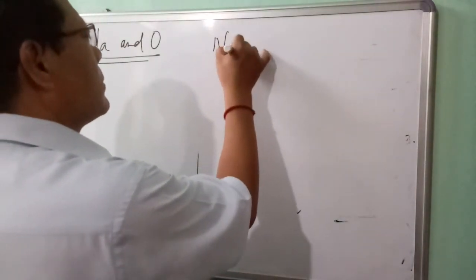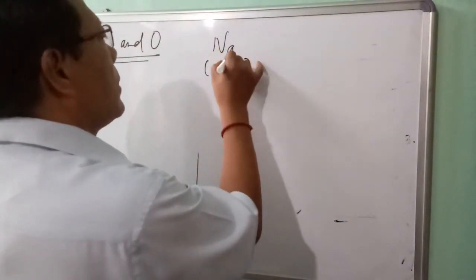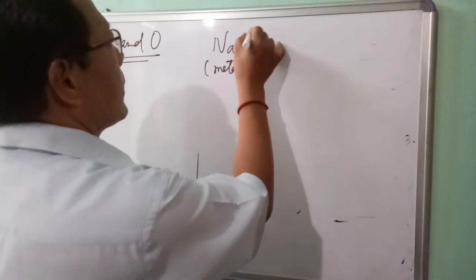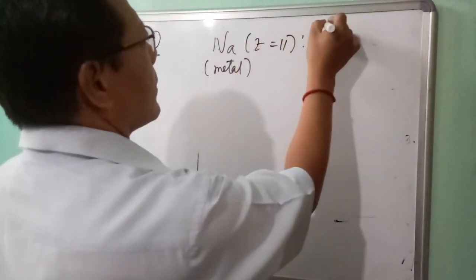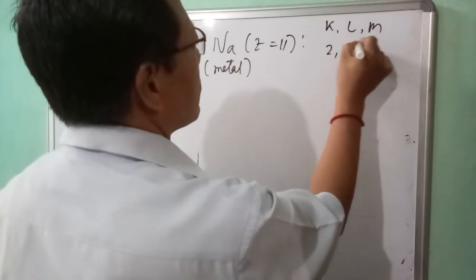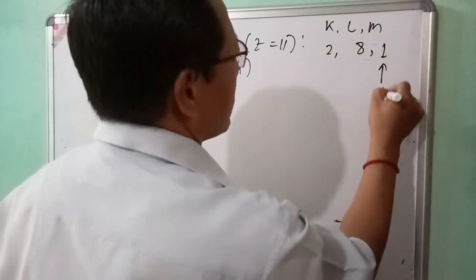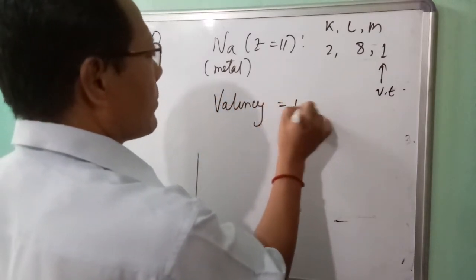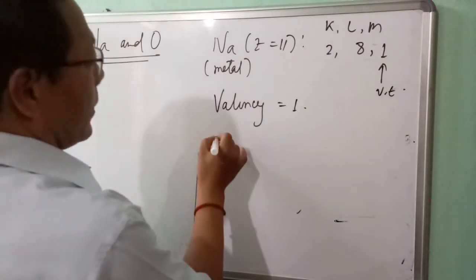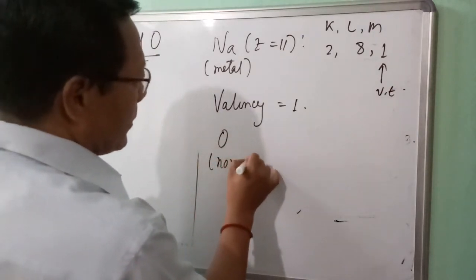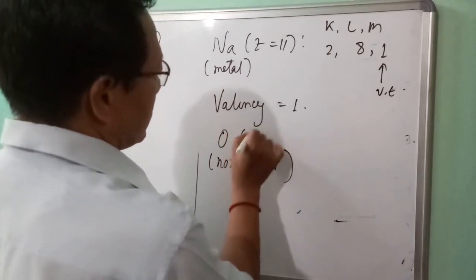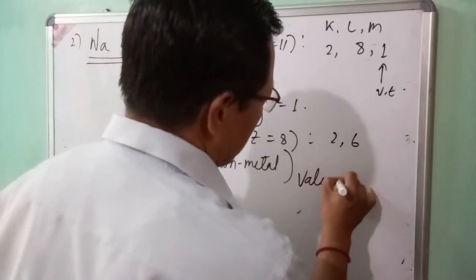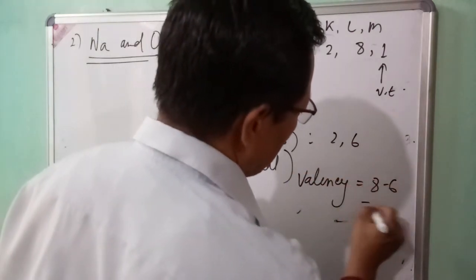So here sodium is a metal. The atomic number of sodium is 11, and its configuration is 2, 8, 1. The valency of sodium is 1. Oxygen is a non-metal. For a non-metal, valency is 8 minus the valence electrons. Oxygen's atomic number is 8, with configuration 2, 6, so the valency of oxygen is 8 minus 6, which is 2.